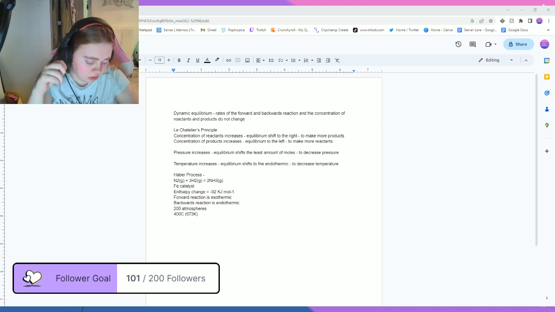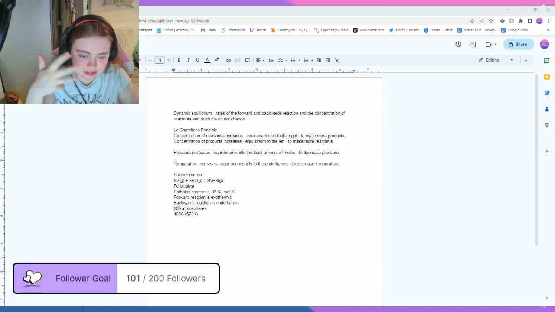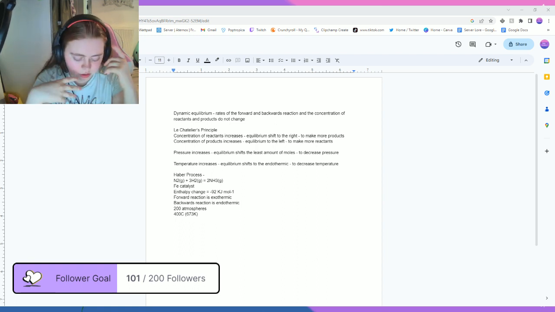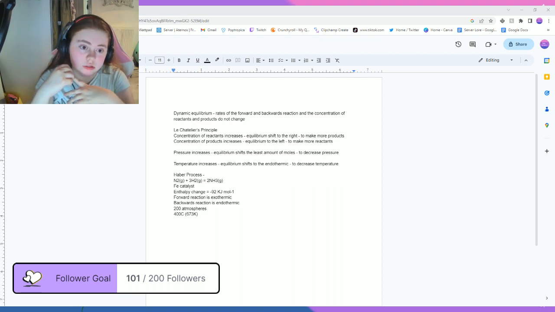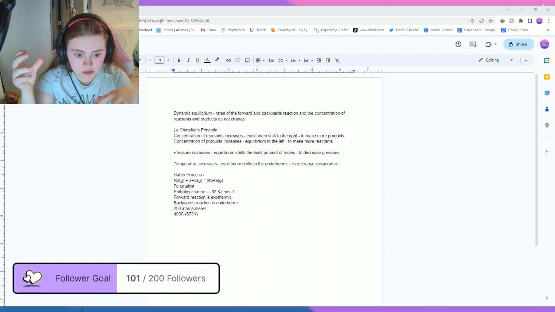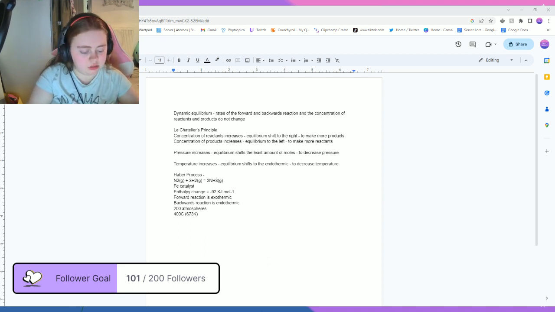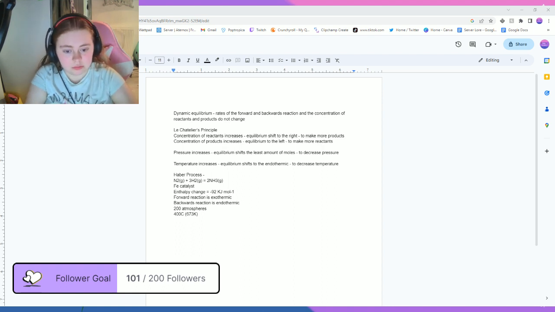It's expensive to have it under a high pressure and a high temperature. So usually a lower pressure or a lower temperature would be used, and a higher pressure and higher temperature would be expensive. I don't know if that makes sense, but you know.